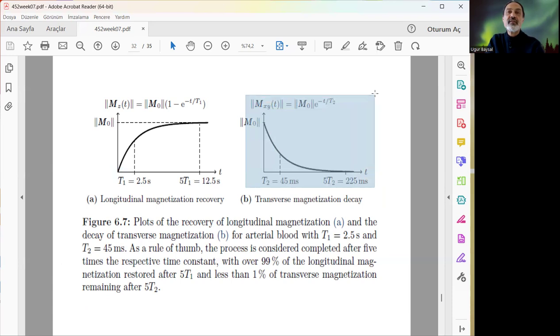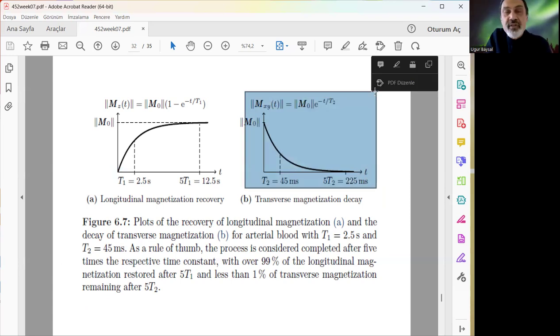The second curve on the right side relates to T2 relaxation, which is much smaller. You can compare: T1 values of 1000, 2000, up to 3000 milliseconds are applicable, and much lower values, 45, 100 or 200 milliseconds, for T2 time constants, from maximum signal to zero signal in the transverse plane.